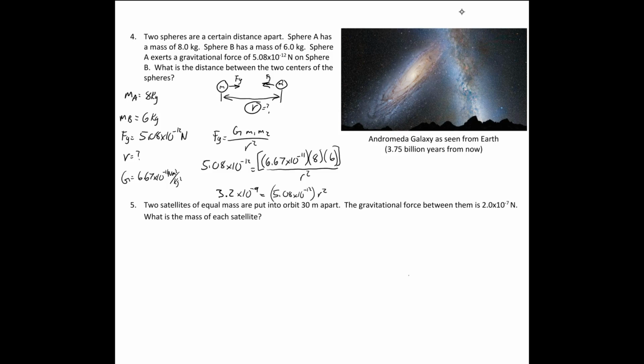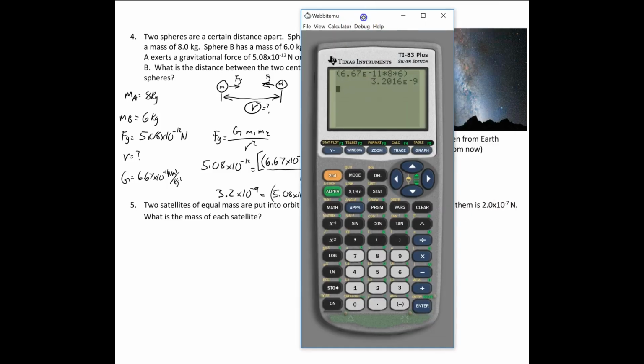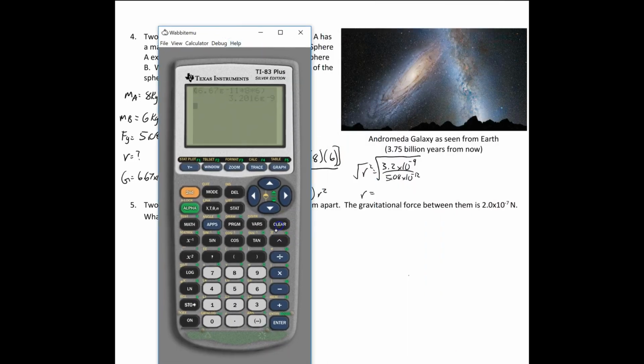So now you have to divide both sides by 5.08 times 10 to the negative 12. So you get r squared is equal to 3.2 times 10 to the negative 9 divided by 5.08 times 10 to the negative 12. And you could do the square root of the whole thing. Let's just plug that in our calculator, see what that looks like. All right, so the square root of our answer.